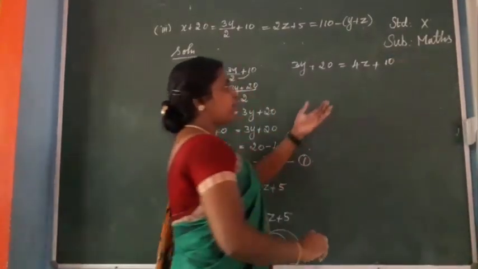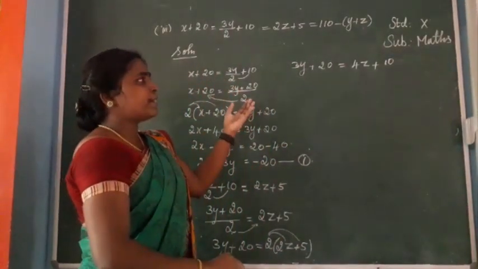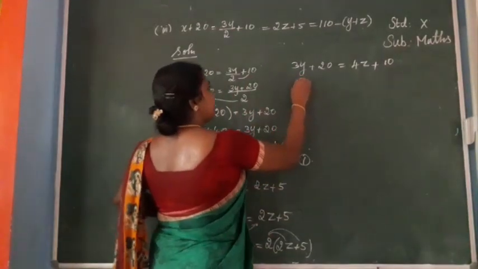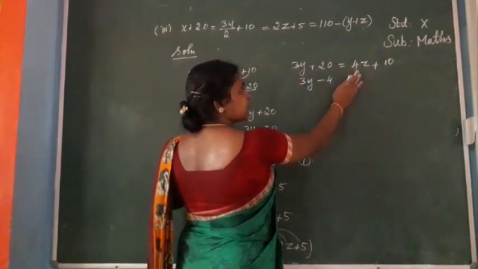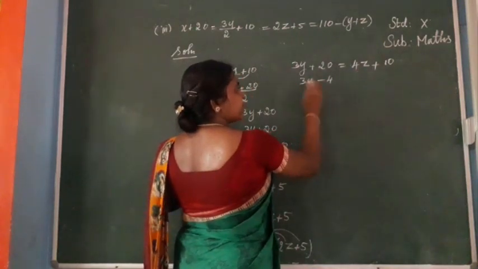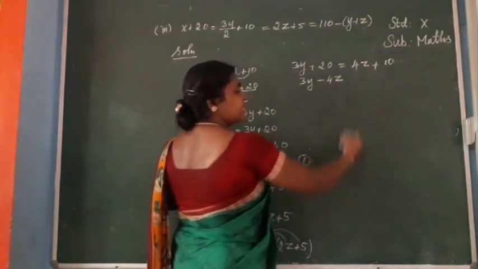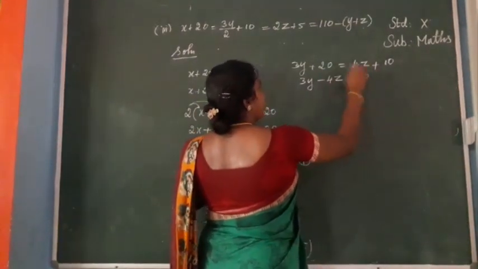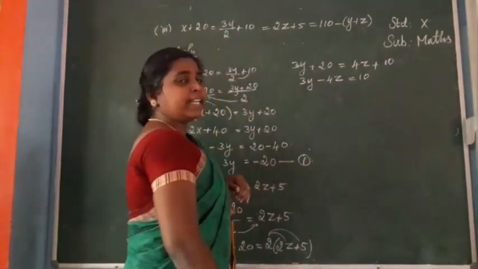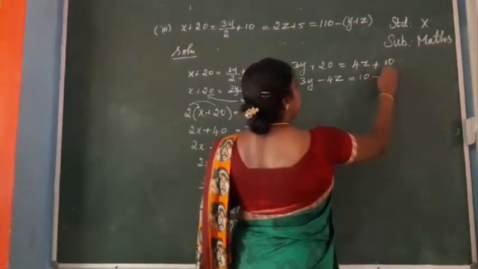Now you take the 4z to the left-hand side, 20 you take to the right-hand side. So 3y minus 4z, you know, isn't it? 4z is positive, if you are taking it to the left-hand side it means negative, so minus 4z equal to 10 minus 20, because if you are taking 20 to the right-hand side it means minus 20.